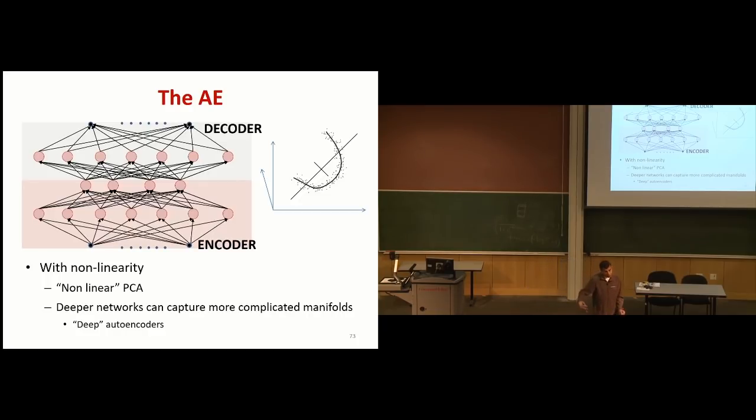And you're learning more and more complicated manifolds for the data, right? And the deeper the network is, the more complicated the shape of the manifold that it learns. Meaning the more complicated the structure that the data can have, the network will be able to learn.